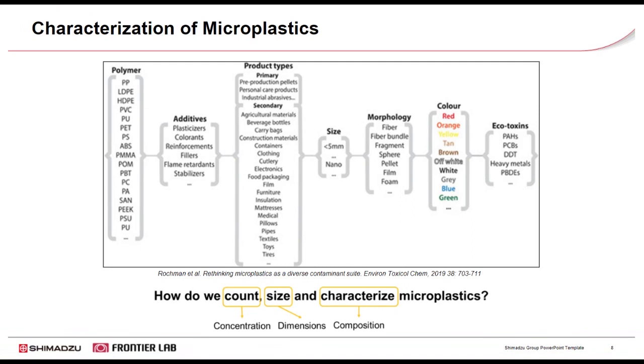As more knowledge of microplastics is uncovered, we begin to see that microplastics have the ability to bind to certain ecotoxins, like PAHs, PCBs, heavy metals, and much more, which makes the need to not only characterize them, but quantify them imperative to certain health and environmental concerns. So, the most important question here is, how do we determine the concentration, the size, and the identity of these microplastics?